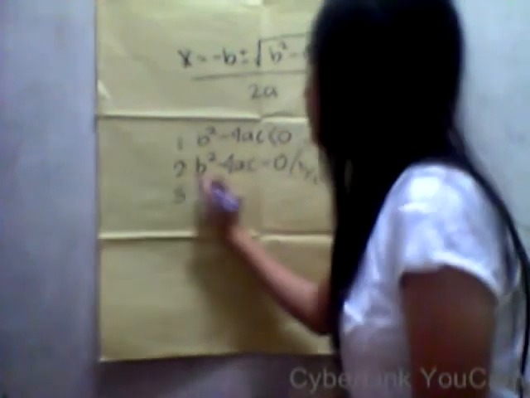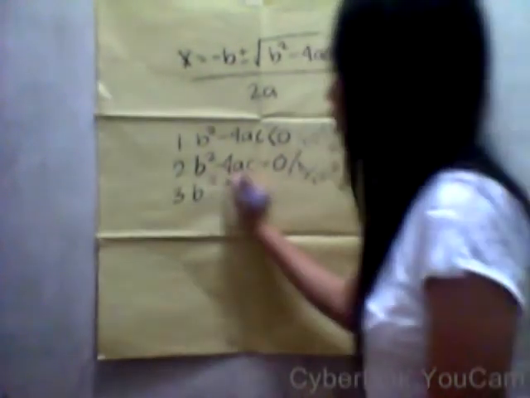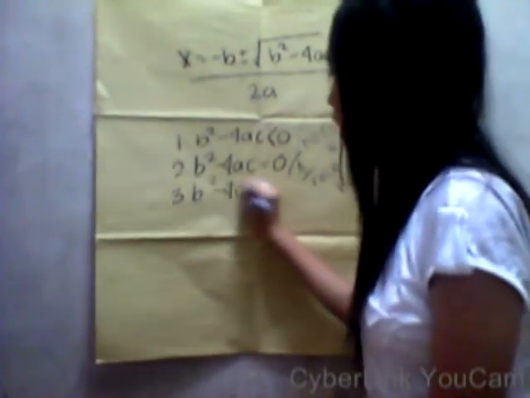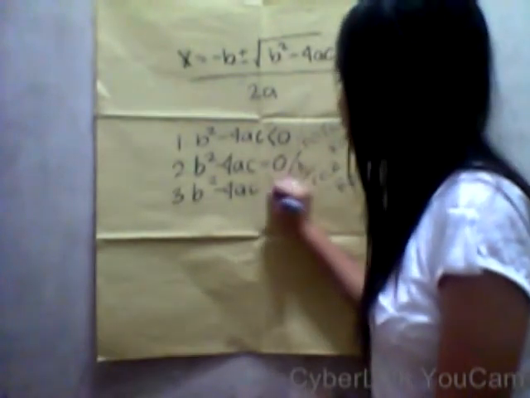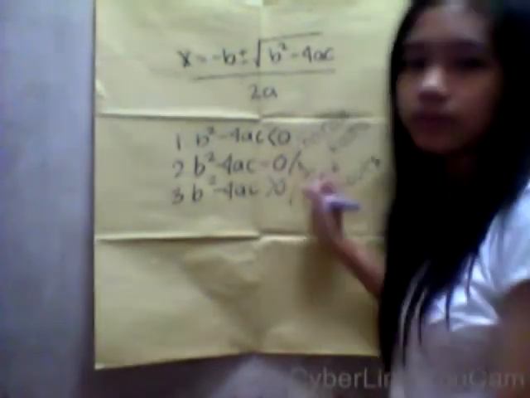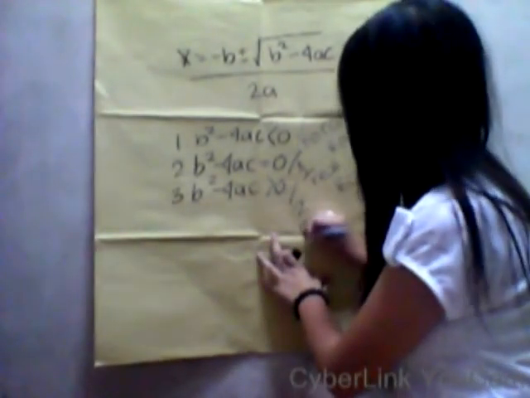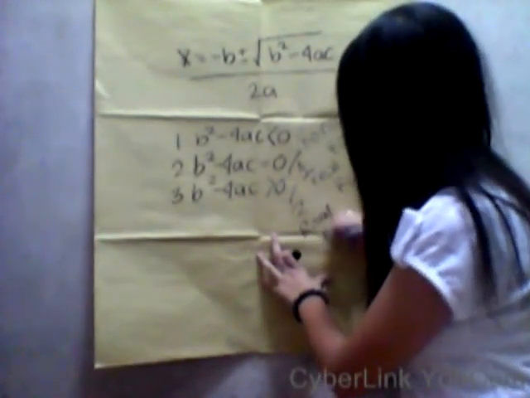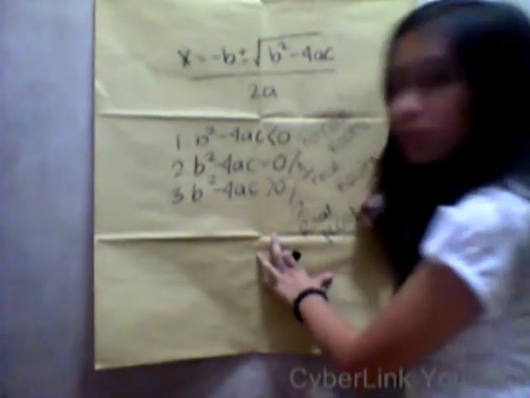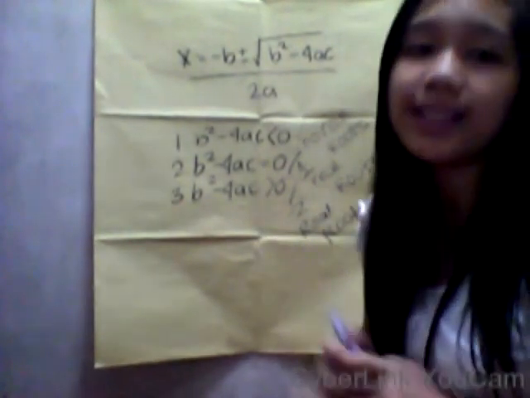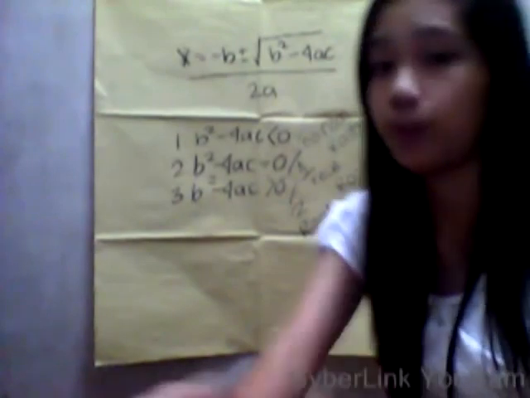Number 3, if b squared minus 4ac is greater than 0, there are 2 real roots. We will examine each case individually.